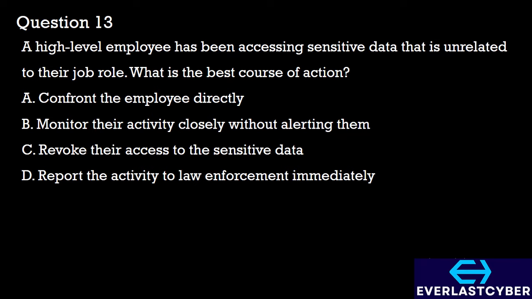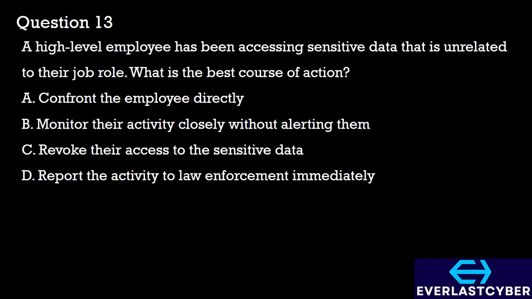Following this, a formal investigation can then be launched in order to determine whether the access was intentional, accidental, or due to a loophole in access control mechanisms. For option D, law enforcement involvement is premature without more evidence. So this is an extreme option unless there is evidence of a serious crime.